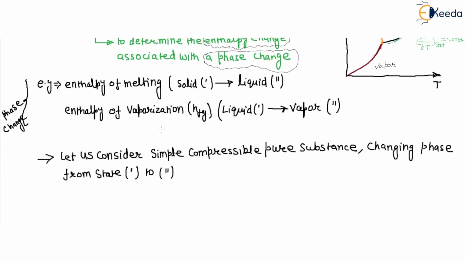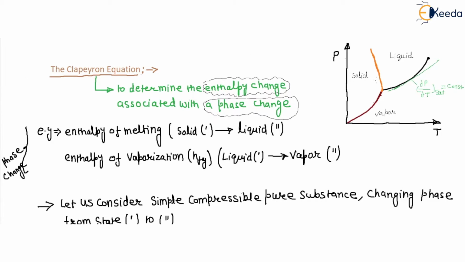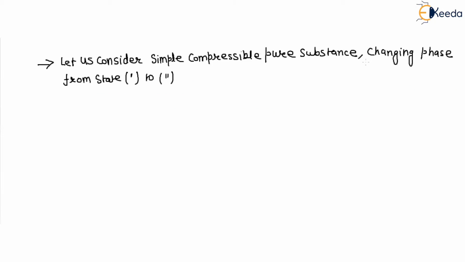So let's suppose there is a 1 dash state and there is a 2 dash state and it is changing its phase. What is the enthalpy difference, h double dash minus h1 dash? For that, we consider the changing phase.